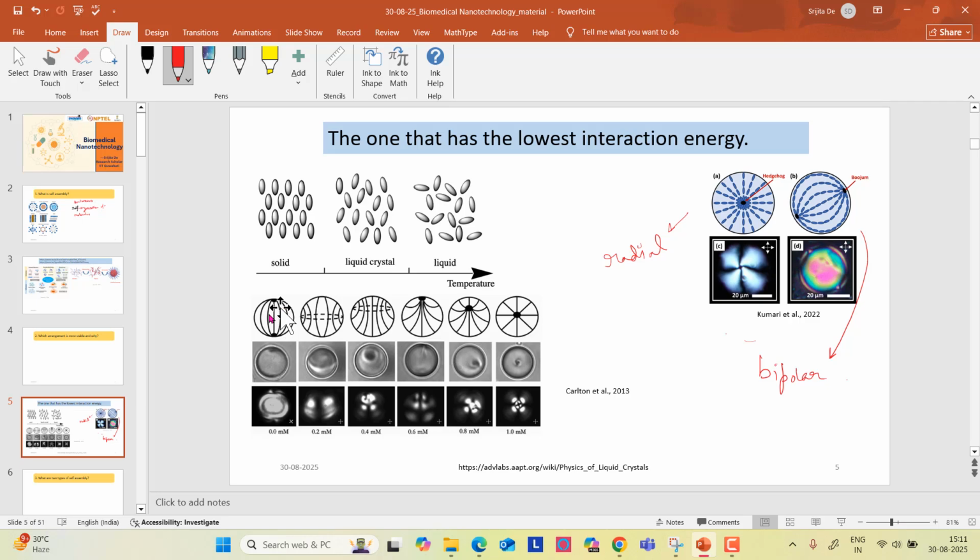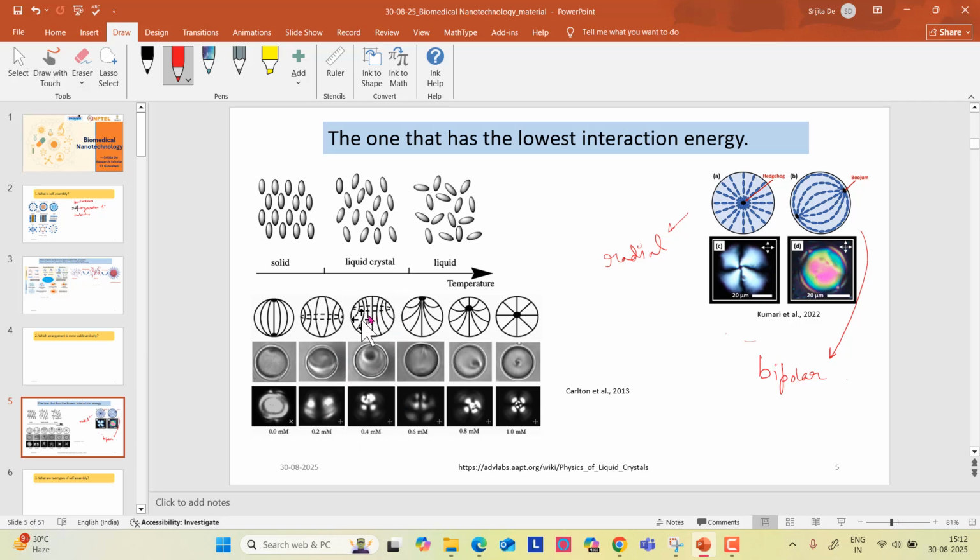You can see the self-assembly steps of liquid crystal molecules. Initially you will see the molecules will look like this. This is the schematic structure. This is the bright field microscopic image, and this is an image under the polarized microscope. Polarized microscope means only one wavelength is passing. Initially the structure of the liquid crystal molecule is like this, and now the molecules are self-assembled among themselves inside the droplet. So now the structure is a little bit changed.